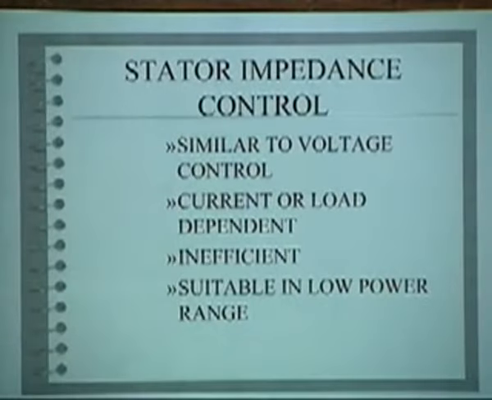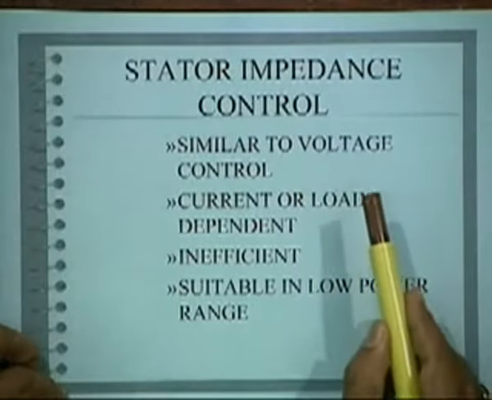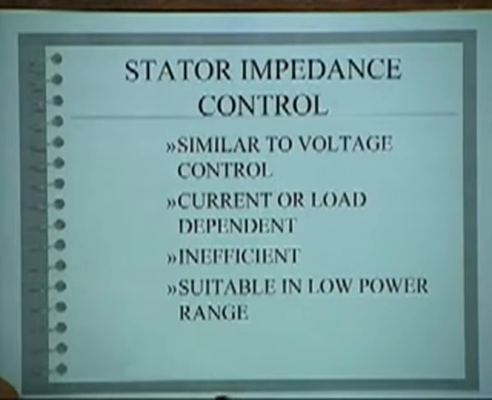Another variant of the same thing is stator impedance control. You can connect an external impedance to the motor, maybe a resistance or a resistance and inductance. So if you include that, then there will be a voltage drop, and the voltage across the motor will change. But the voltage across the motor will change based on the current that is drawn. If it is operated on no load, it is not effective, because only if it is loaded will it be effective, right?